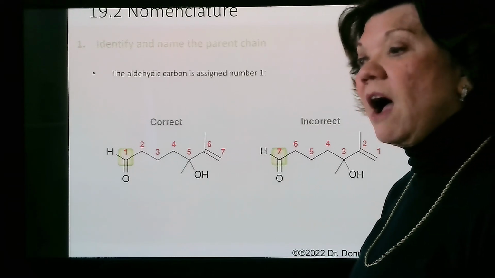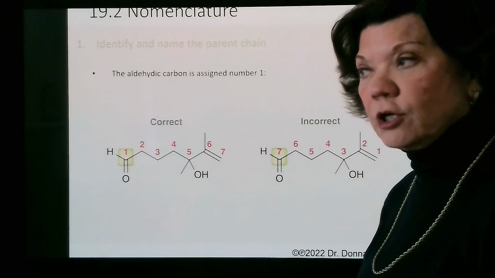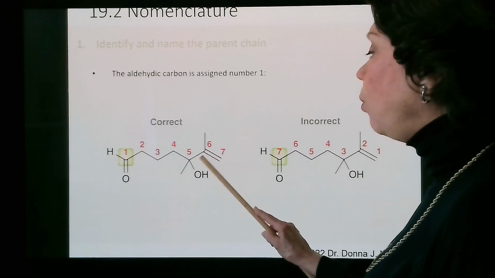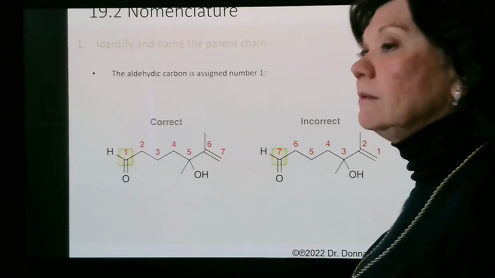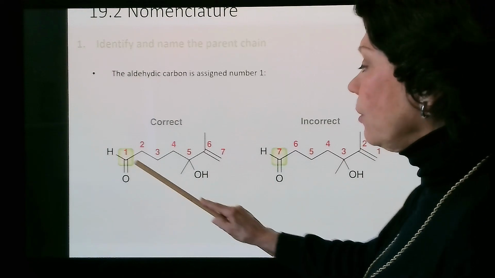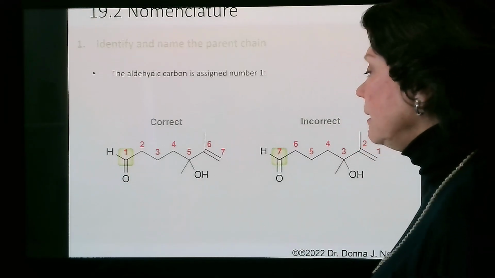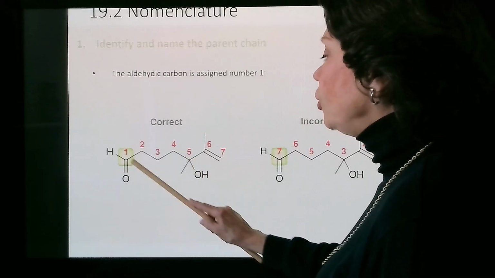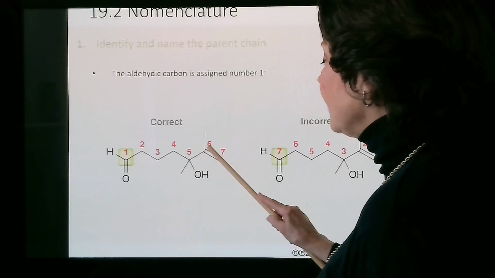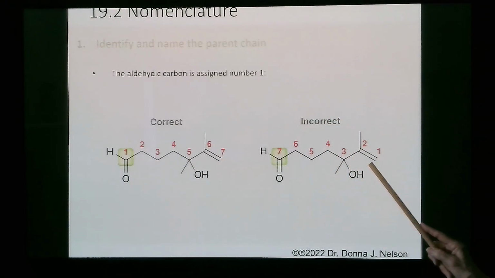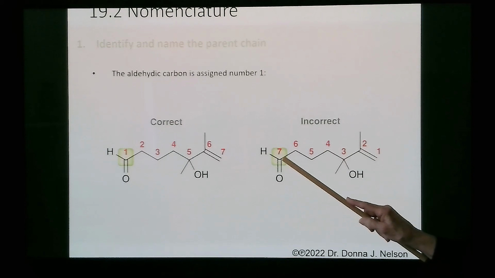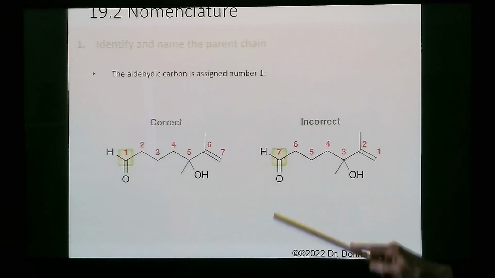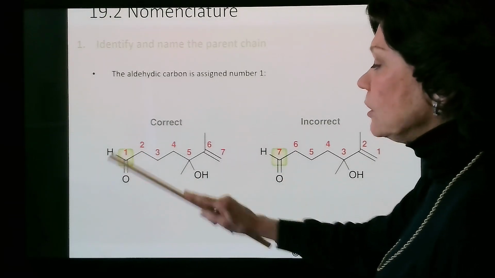You identify the highest priority functional group and start numbering there. It doesn't matter the priorities of any of the others, but I'm just telling you, the alcohol would be highest priority if you did not have the aldehyde. So we start numbering here. This is correct as shown: 1, 2, 3, 4, 5, 6, 7. Incorrect over here, because you don't want the highest priority group to have the highest number. You want the highest priority group to have the lowest possible number.